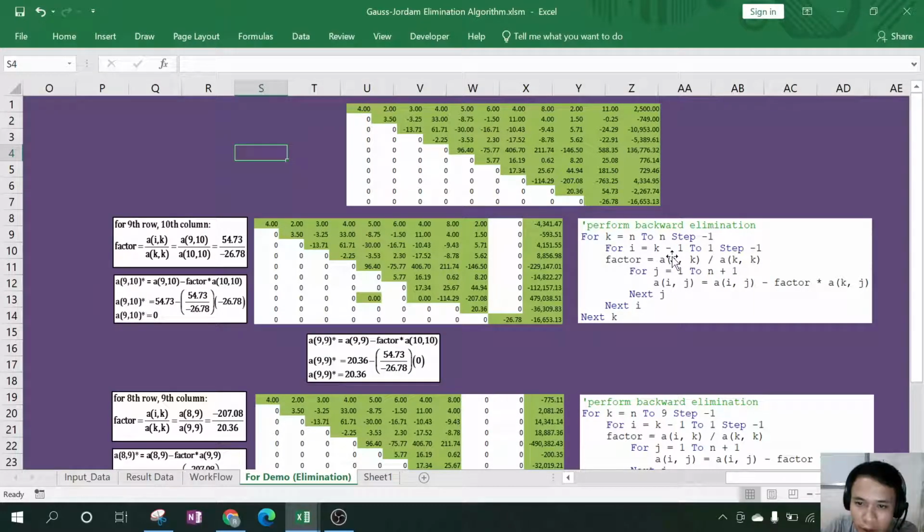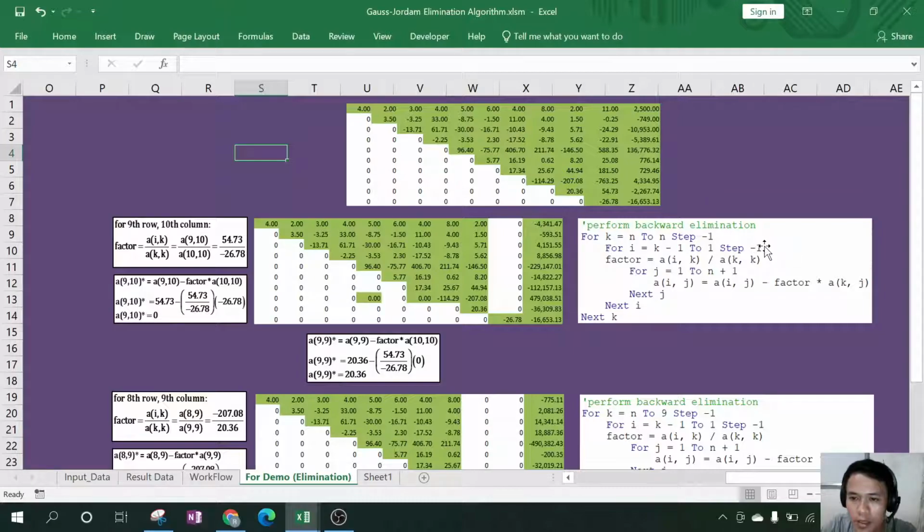So for k from n to n, our row index i is k minus 1 to 1, what I mean is that when k is 10, k minus 1 is 9, so this is from the 9th row up to the first row.